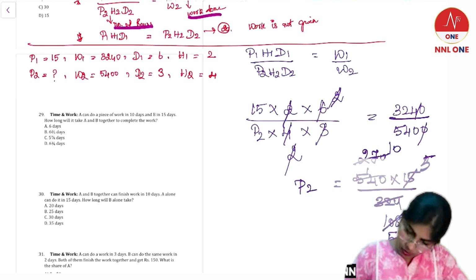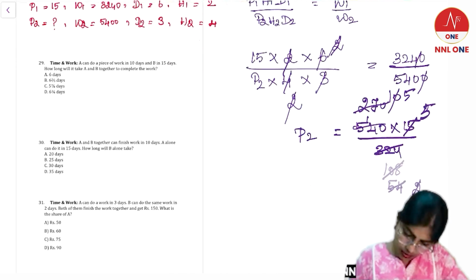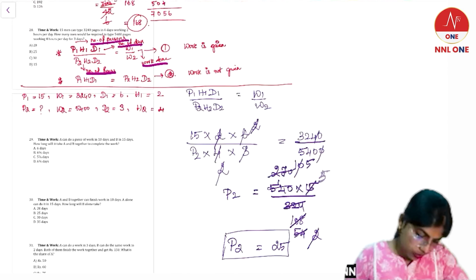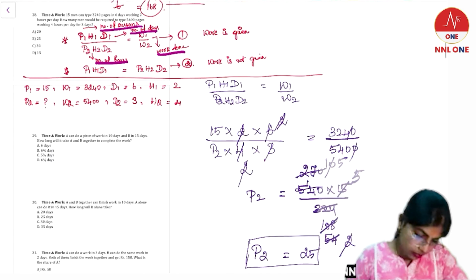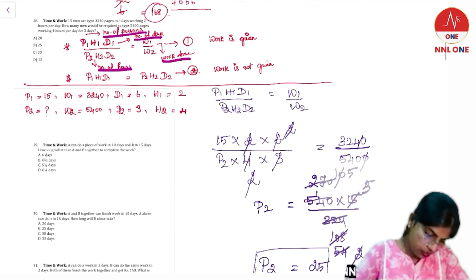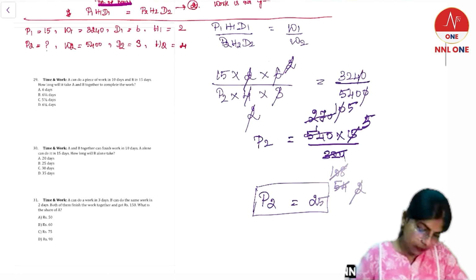Okay, 2 and 2, 5 times. So the answer is P2 is equal to 5 5s are 25. So the number of men required to type 5400 pages working 4 hours per day for 3 days will be 25. Option B.